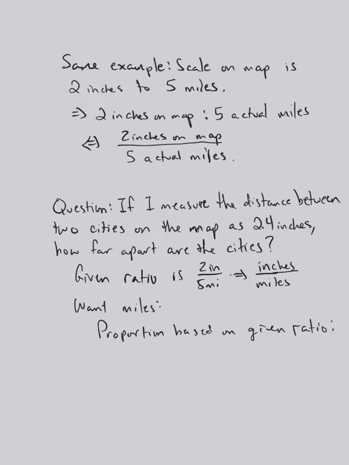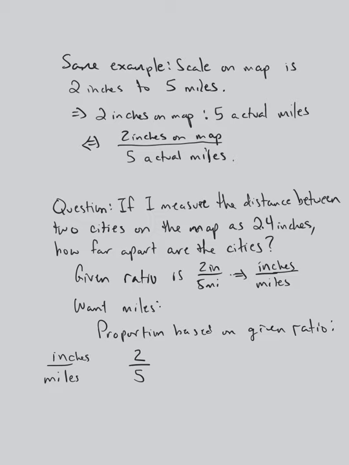Whenever we actually do math, as long as you can keep up with what the units are, you don't necessarily need those units in there because they'll clutter things up. So 2 over 5. Just make sure to keep in mind that this is inches over miles.